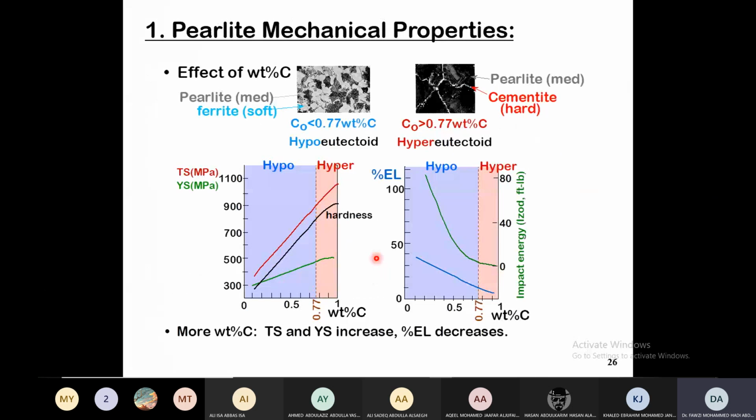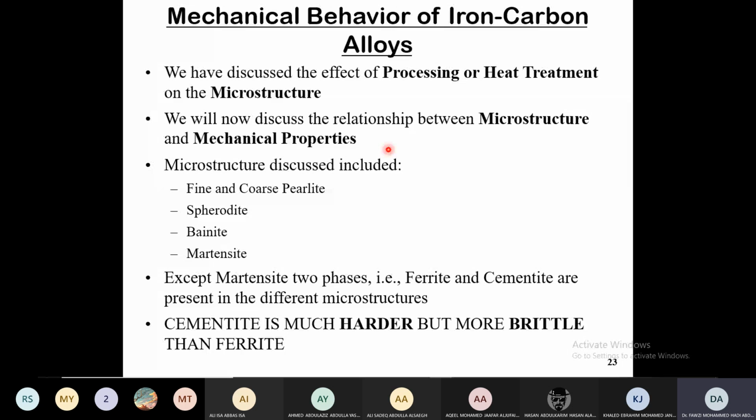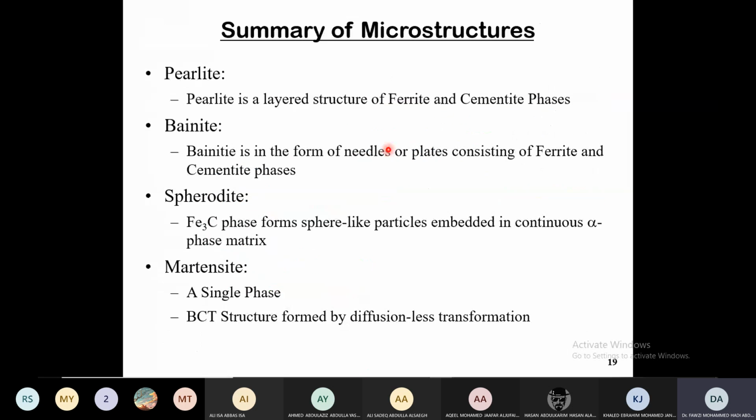So if you have FCC, when you come down, it will develop a BCC crystal structure. So this is inevitable.